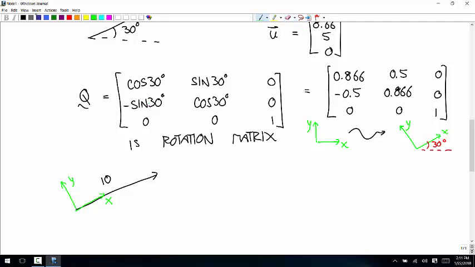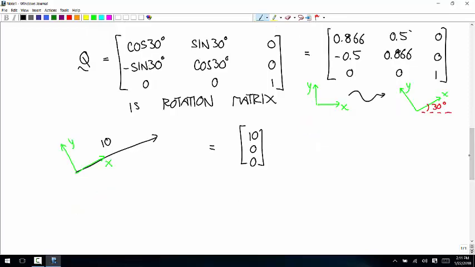Just by inspection, what are those components going to be equal to? Yeah, 10, 0, 0, because it's all along the x axis. Okay. And so hopefully applying this transformation matrix is going to give us the same thing.